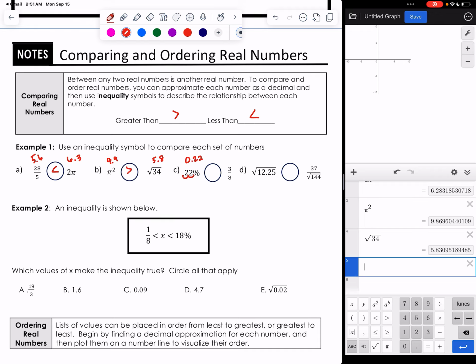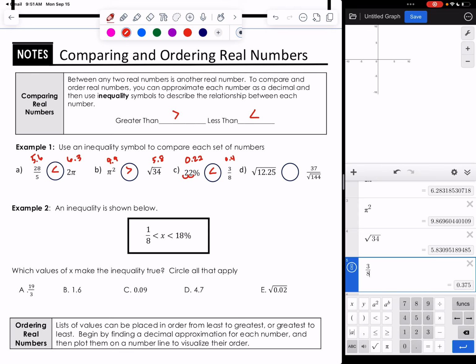Now, 3/8 we'll put into our calculator. 3 divided by 8 gives me a decimal approximation of, I'll round it to 0.4. So now what we want to decide is, is 0.22 greater than 0.4 or is it less than 0.4? And we know that it is less than. So 22% is smaller than 3/8.